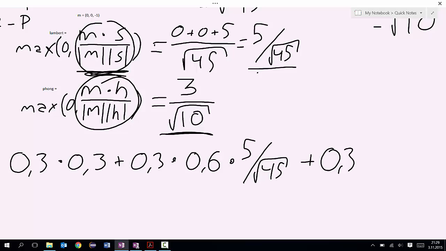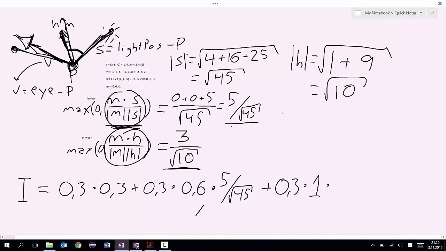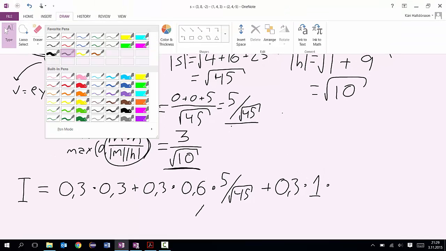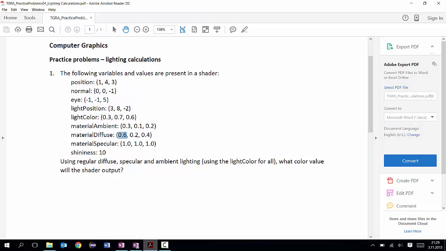Let's just stick to the plan here and use this for all of them. 0.3 times 1, which is the specular factor, times 1 times, now we have the Phong, and that to the power of shininess.